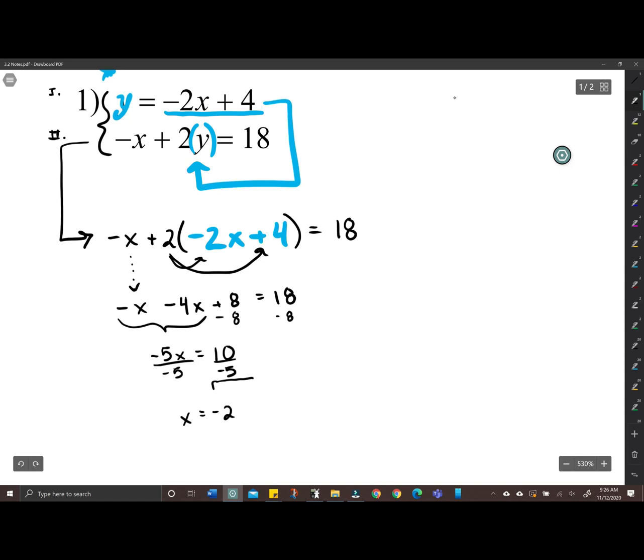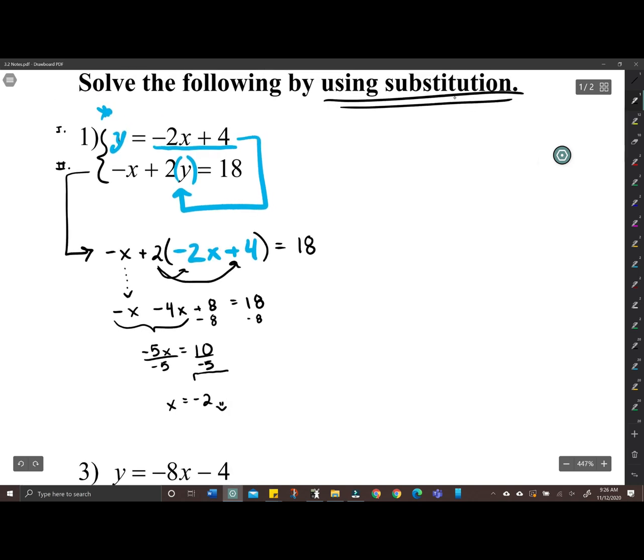Now that's great, but you're not done yet. I know it's tough. You also need to find y. So you can now just go back to even the first equation, and we're going to solve for y. We still need to know what that is. So y equals, if we substitute x in there, negative 2 times negative 2 plus 4.